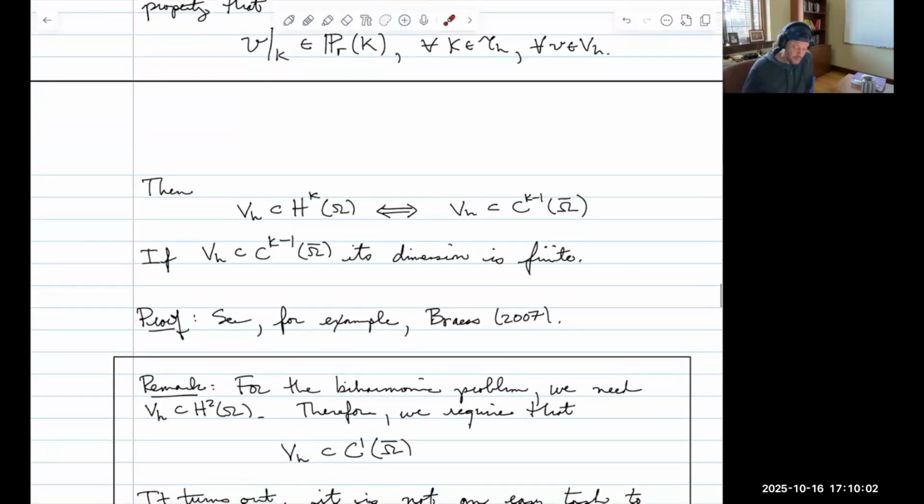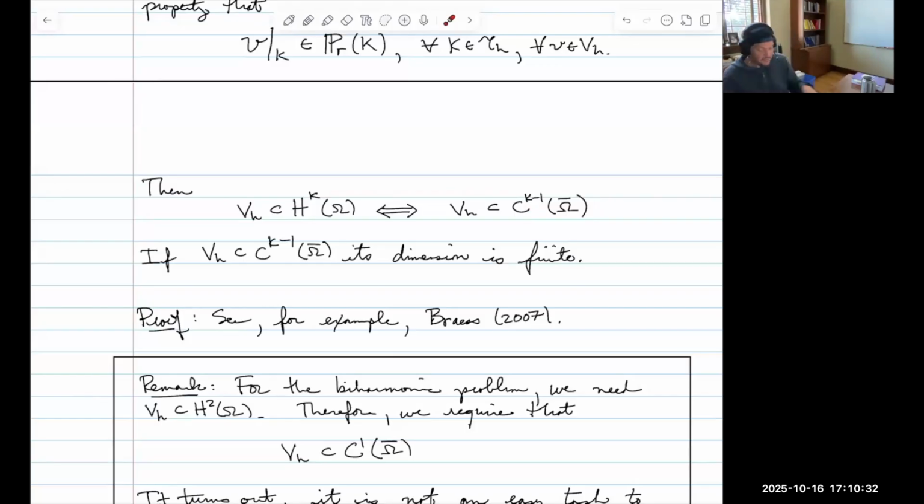Then what you can prove, and the proof you can find in this book by Brezis, is that VH is a proper finite dimensional subspace of HK if and only if VH is a proper subspace of C^(K-1) of the closure of omega. And these are the spaces of continuous functions of degree K minus 1.